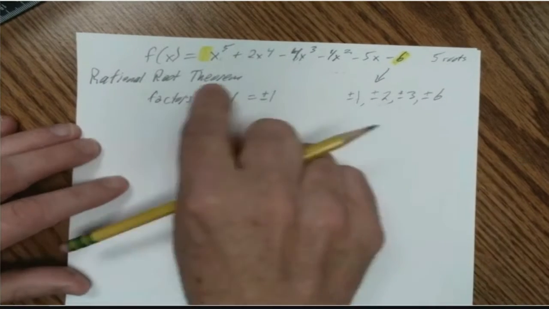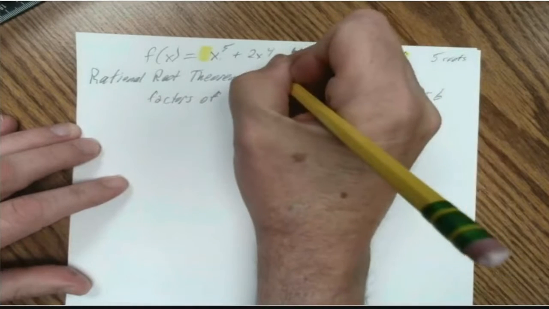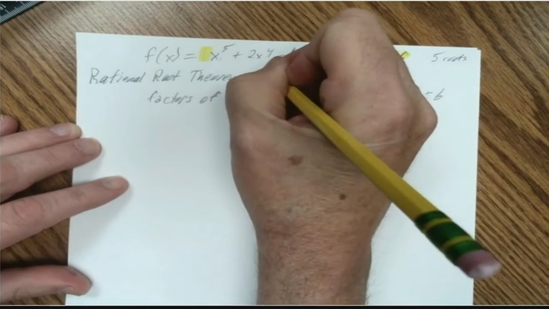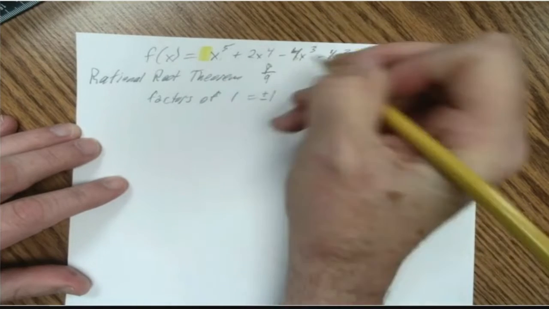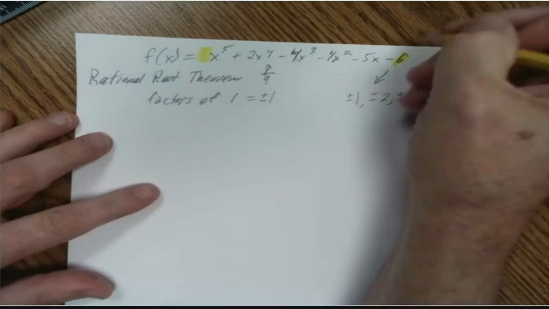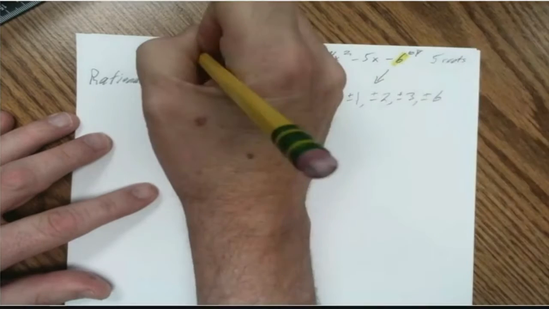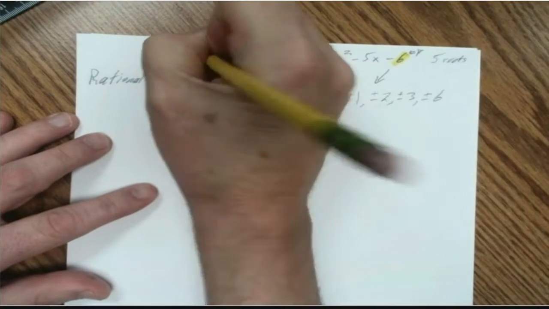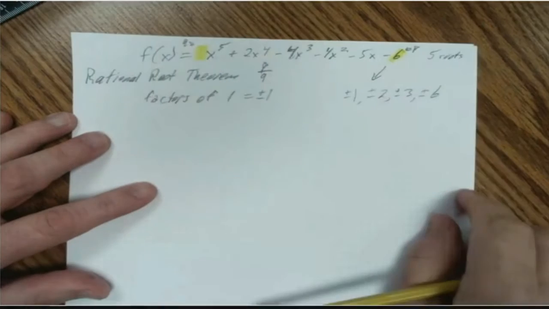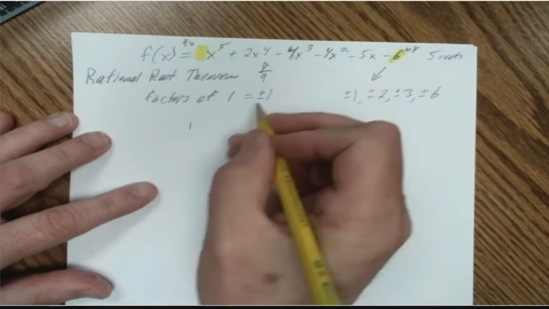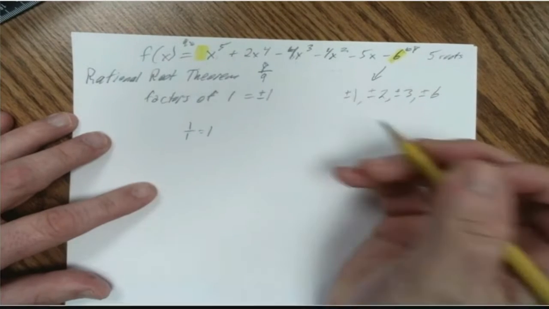So the rational root theorem talks about putting P over Q, where P is the last constant, and Q is the coefficient of the first term. So if we take the P, 1, and put it over 1, that's just 1.